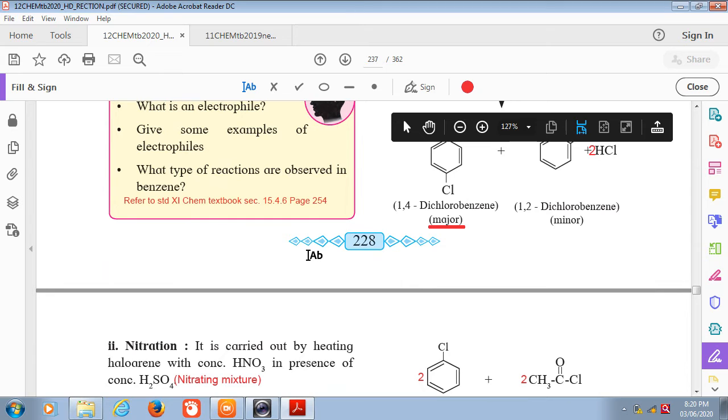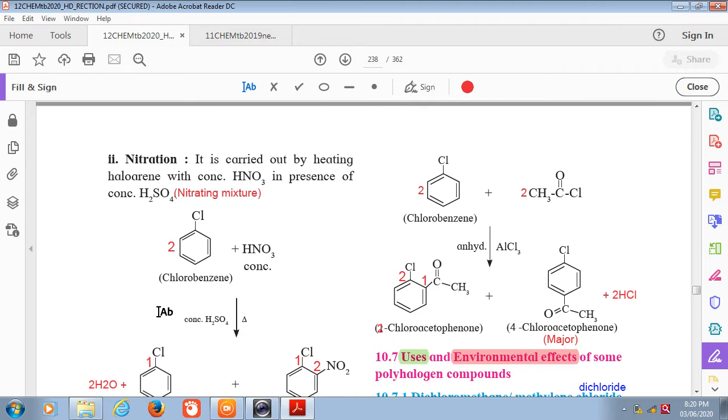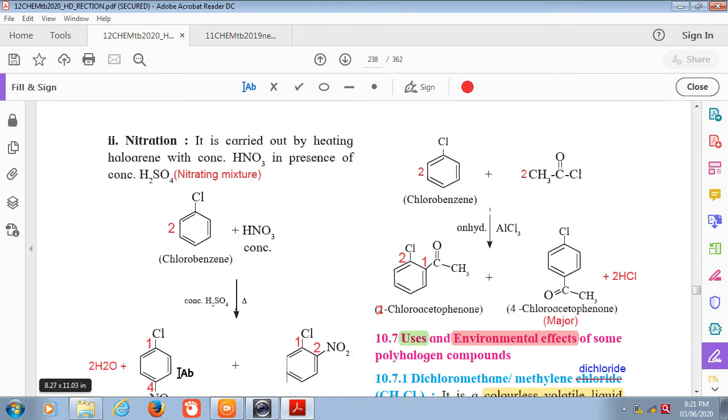Now the next reaction, that is nitration of chlorobenzene. The reagent is nitrating mixture. What is nitrating mixture? It is a mixture of concentrated nitric acid and concentrated sulfuric acid. So the hydrogen at ortho and para positions reacts with OH from nitric acid, and these hydrogens get replaced by NO2.